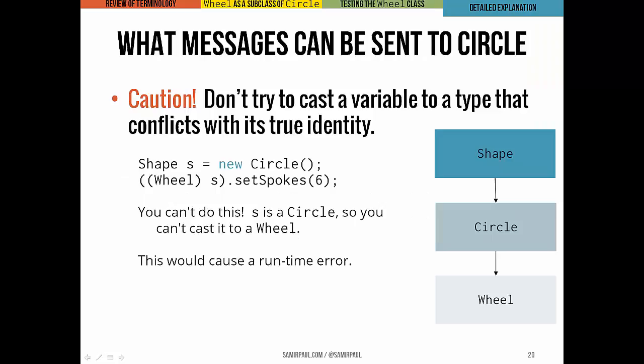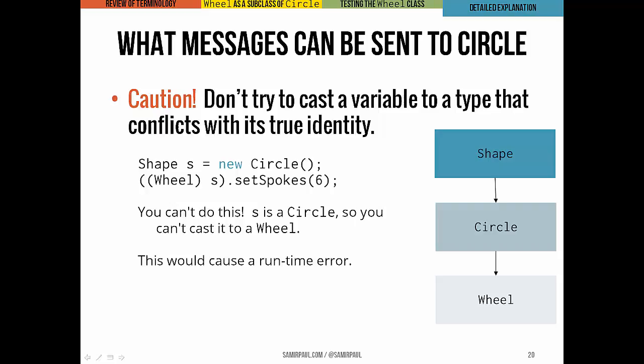Now be careful. You don't want to cast a variable to a type that is actually in conflict with its actual identity. This is going to give you an error, a runtime error. So here's an example of that kind of mistake. If we had a shape variable s and we pointed it at a circle object, and then we tried to cast that shape s to a wheel, well, we can't do that because the object that we're working with is a circle.